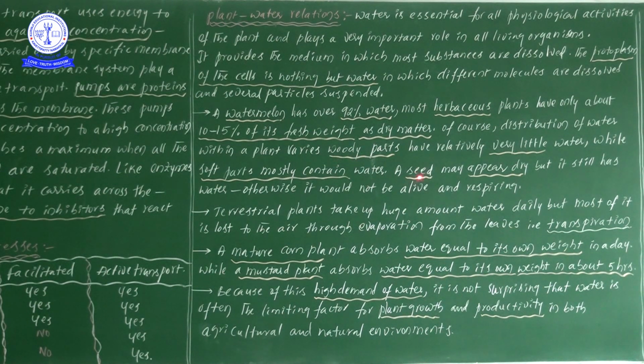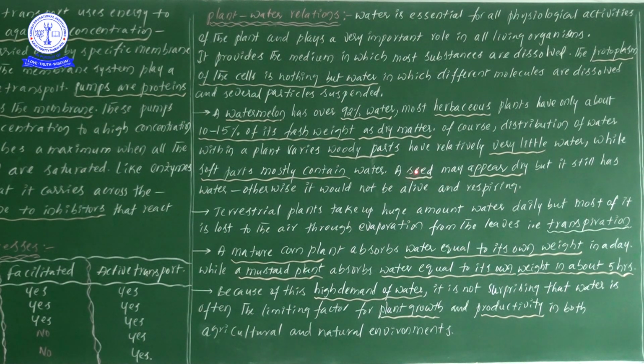Then a seed: if you take a seed, it may also appear dry, like, oh, this seed is completely dry, we will see. But it still has water inside, definitely 10 to 15% water is there; otherwise that particular seed will not be in live condition and cannot respire, means the respiration process cannot occur in the seeds. So what is my point now?